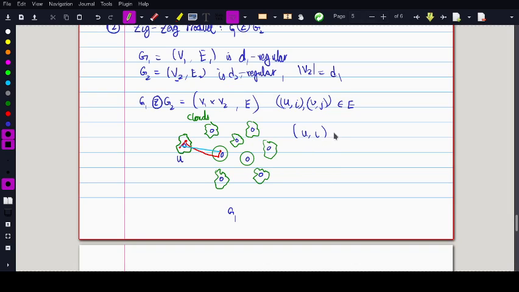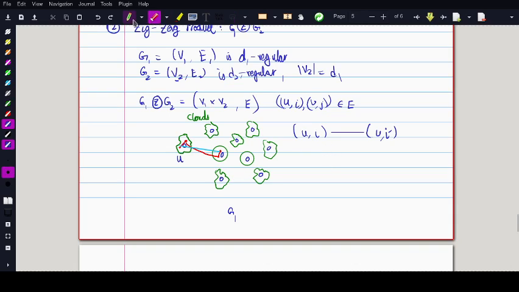The transform works like this: you are at (U, I), then you go to (U, I prime), if the following holds. I prime is the bth neighbor of I. This is the notation: I of b, which means the bth neighbor of I, is equal to I prime.